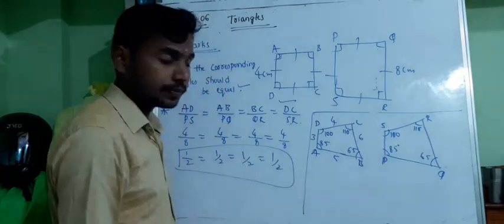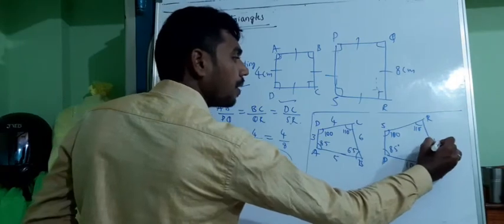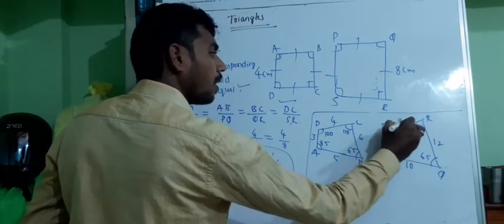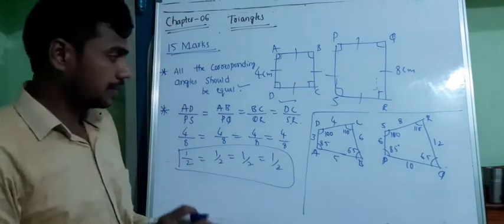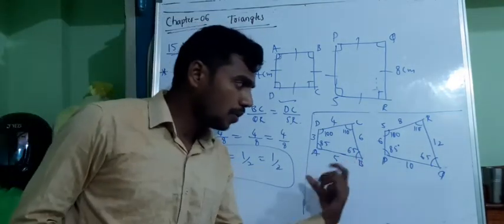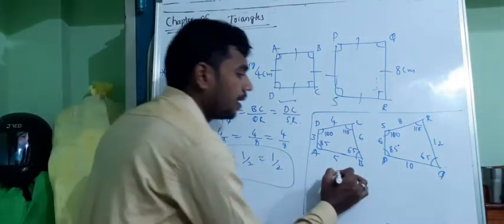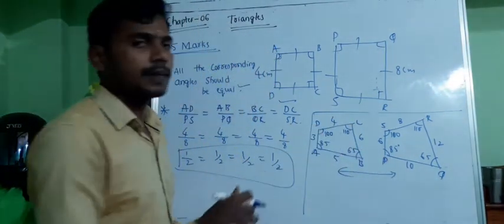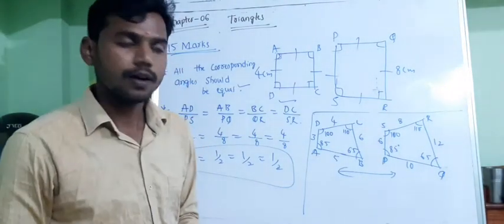Fine. The dimensions of this are 10, 12, 8, 6. Now my question: whether these two quadrilaterals are similar or not. In what way can I check whether these two figures are similar or not?